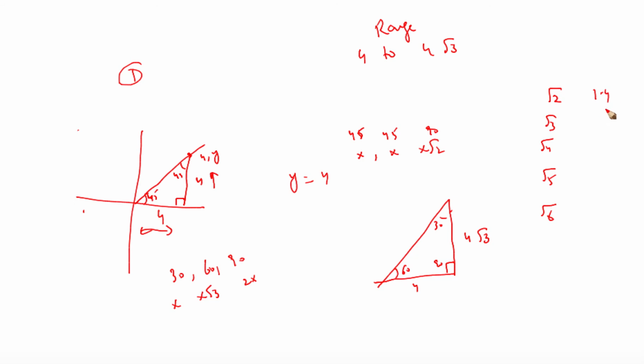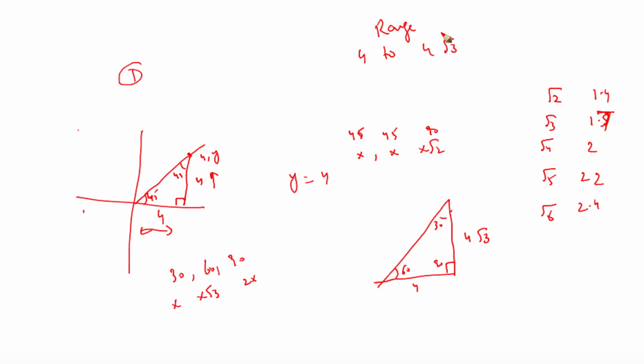It is 1.4, it is 1.7, this is 2, this is 2.2, and this is 2.4. You must remember these properties.